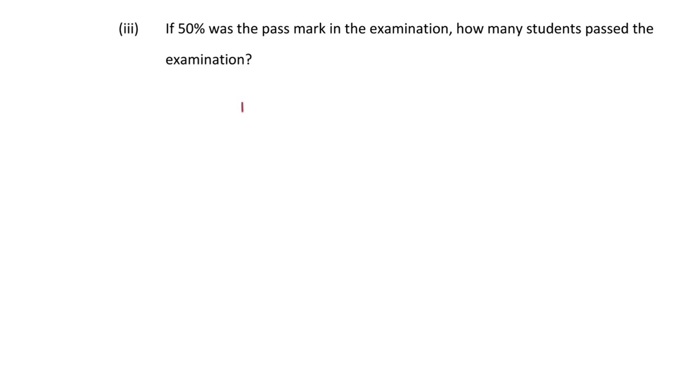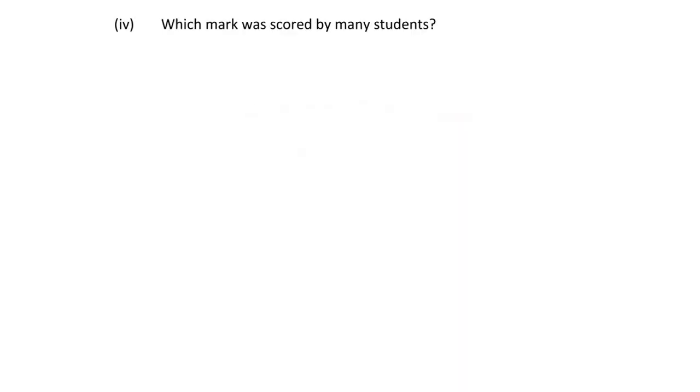So we are having 10 plus 18 plus 9 plus 4 plus 3 plus 2, of which, after solving the values, we are having 46 students. For Roman 4, which mark was scored by many students? From the table, we can see that 18 students scored 60%. So we can say that 60% was scored by many students.